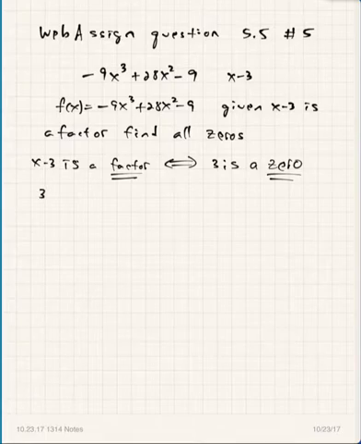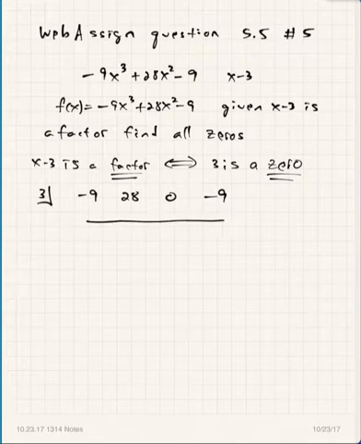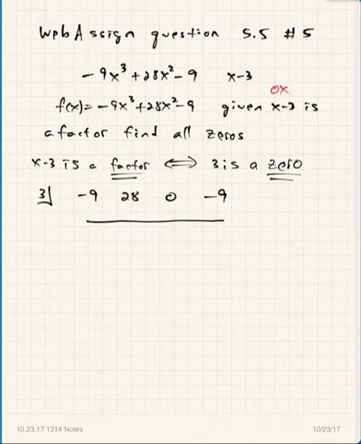So if you've got a 0, that means that if I divide synthetically by 3, like this, I better get 0 as the remainder. Also remember that there is no x term, and because there is no x term, you have to make sure you put in the placeholder.